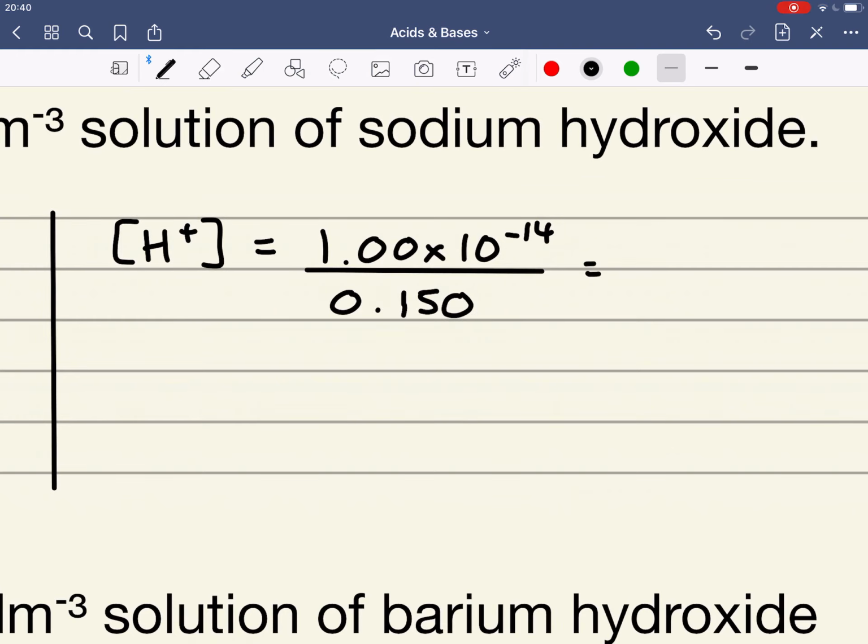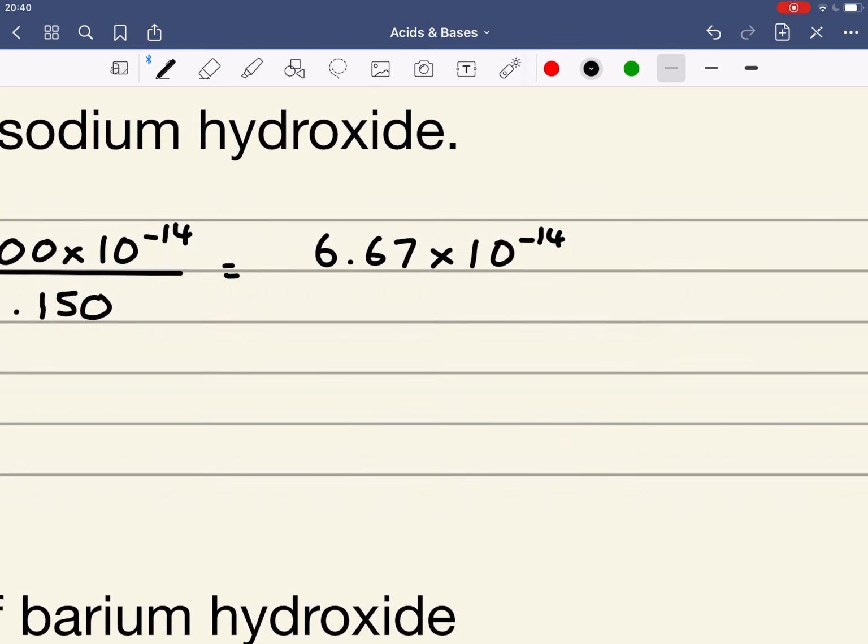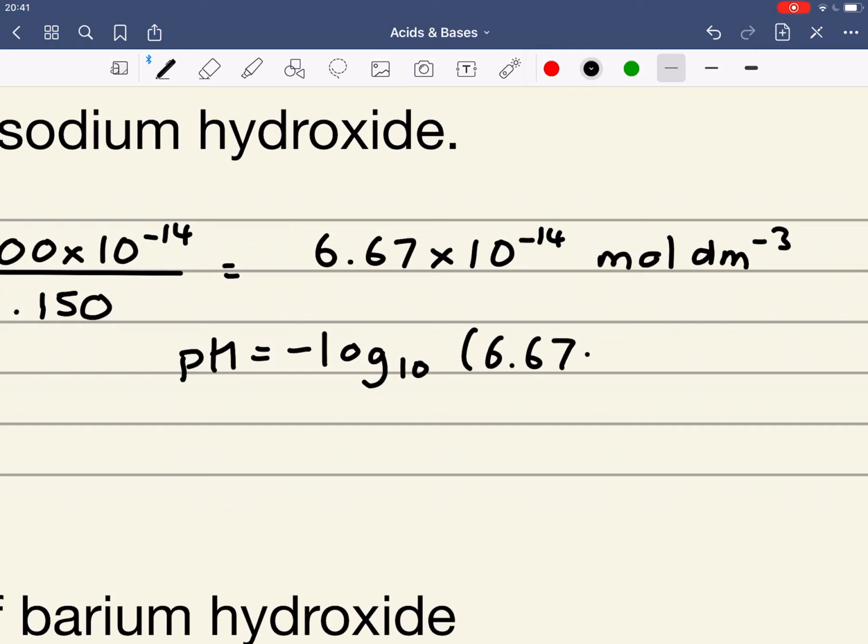And that gives me a hydrogen ion concentration of 6.67 times 10 to the minus 14 moles per decimeter. And in order to get the pH, we'll remember that pH is equal to minus log to the base 10 of hydrogen ion concentration. And that gives me then a pH of 13.18.